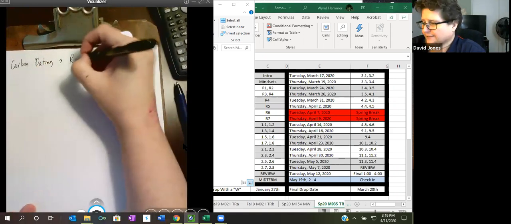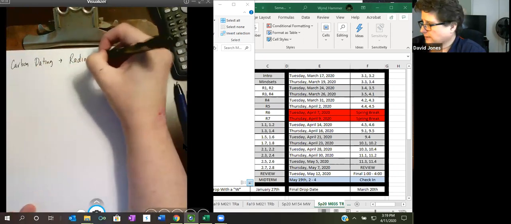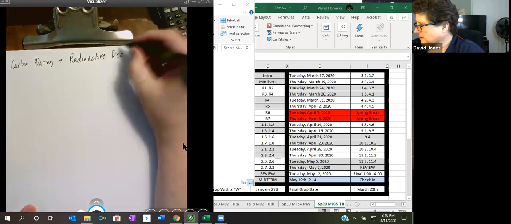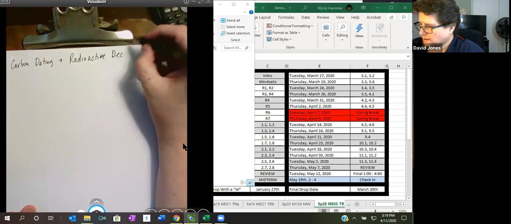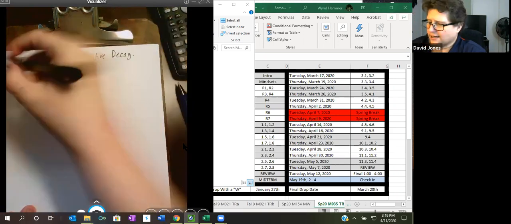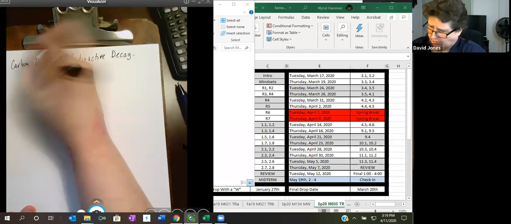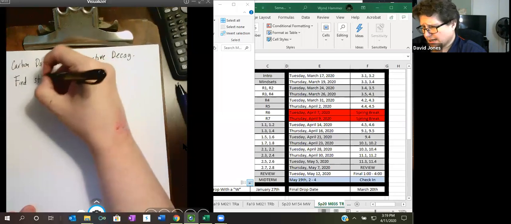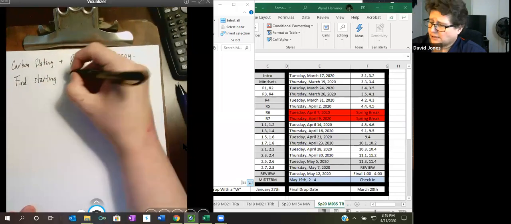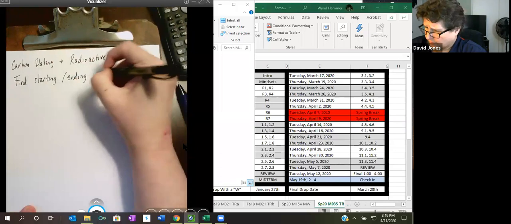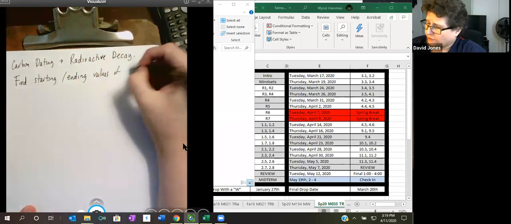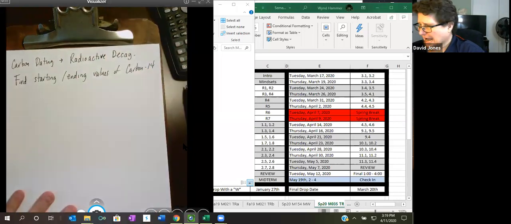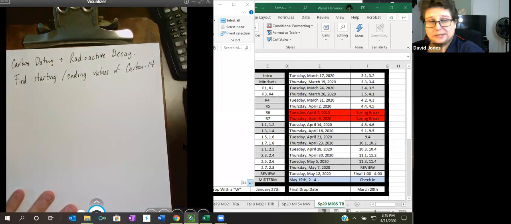It is radioactive decay. What they do is they test, they calculate, they find starting and ending values of carbon-14. They did this for a specific item.